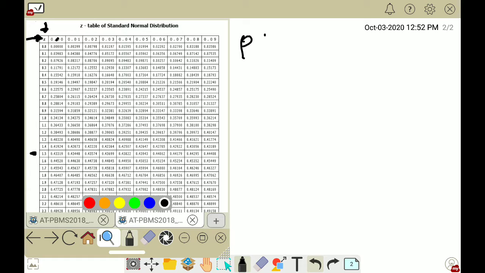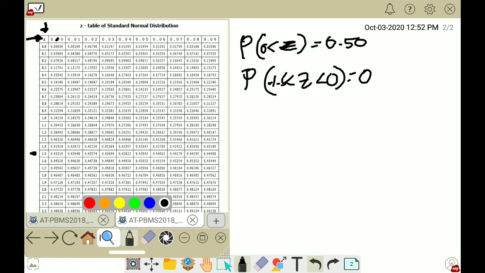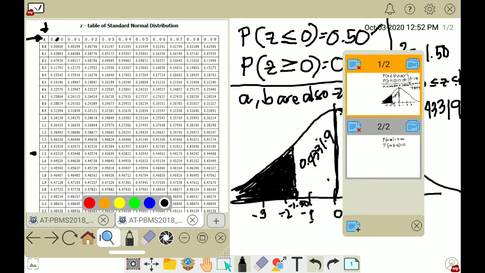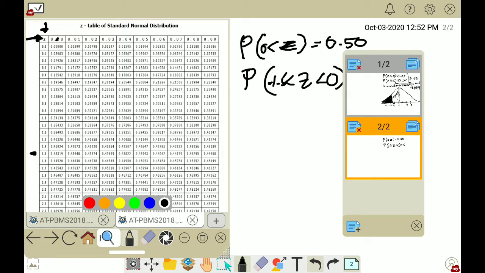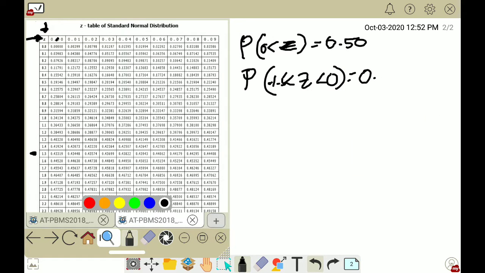So the probability of Z to the left is 0.5, and then the probability of Z between negative 1.5 and 0 is 0.43319.